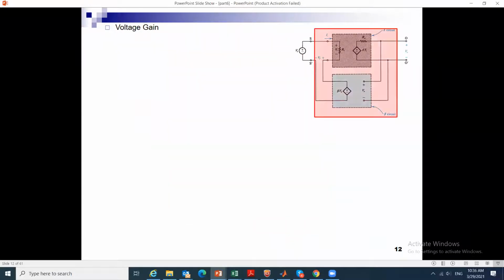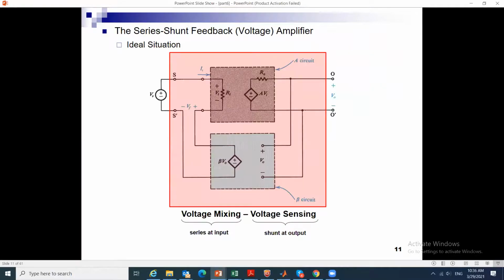So this is the circuit again, and now we're going to study the gain quantity for the amplifier. Let us inspect this circuit. Since there is no load, no R load in this image, I know that VO is equal to A times Vn.